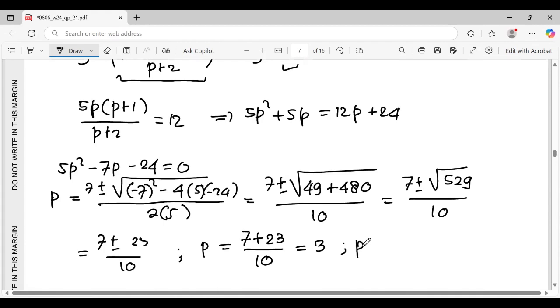And as well, p equals 7 minus 23 over 10, which is minus 1.6. But this is not valid because the result is negative. So we are going to use this solution, p equal 3.